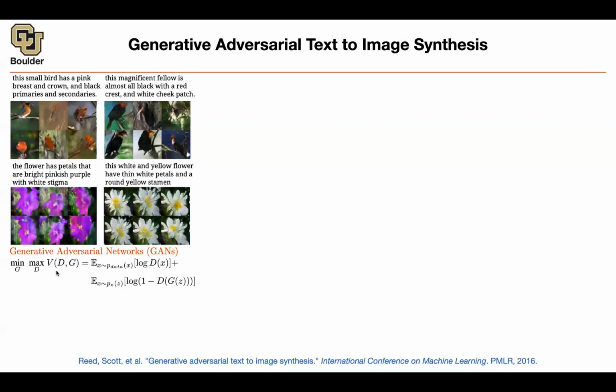But the idea of a GAN is not that hard. What are you doing? The model is gonna generate an image. We know that we have some images that are real. These are actual images from our data set. So some images are gonna be generated, some images are gonna be from the data. Now, what you want to do is you want your generated images to become as similar as possible to your data.